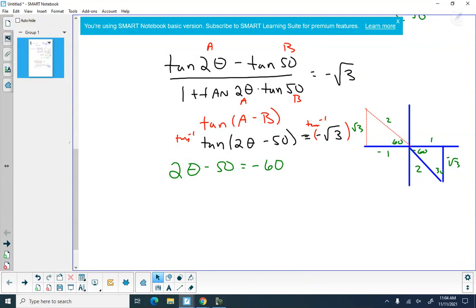Well, to go from -60 to this 60, which would be 120 degrees, I can take -60 and add 180 degrees to it, and I come up here.